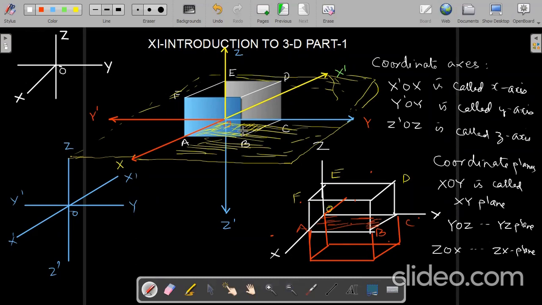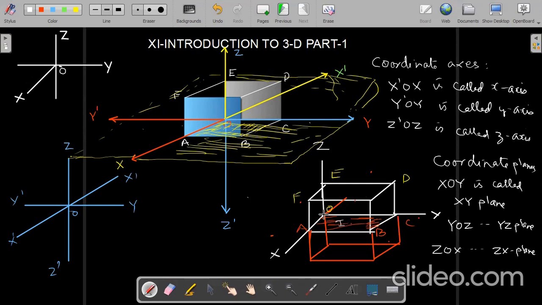Then X, O, Y dash, where Y dash is the left side. Do not take the left room, you can go to the back side, X dash. The back side is the second octant. Here is the third octant. Then this will be the fourth octant. Similarly, fifth, sixth, seventh, eighth. Are you understanding? First, front, back side. I cannot actually show this in 3D. This is first. Here it is first.